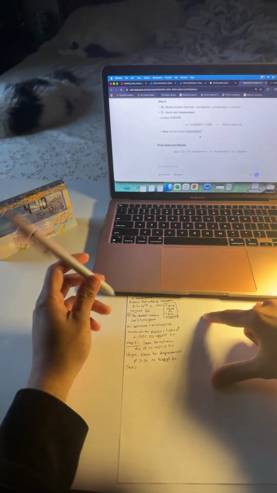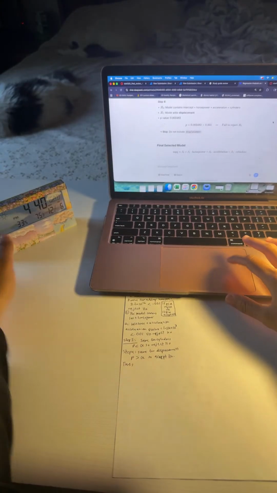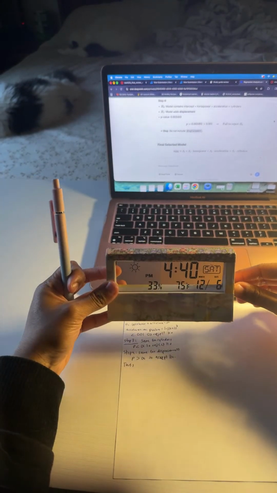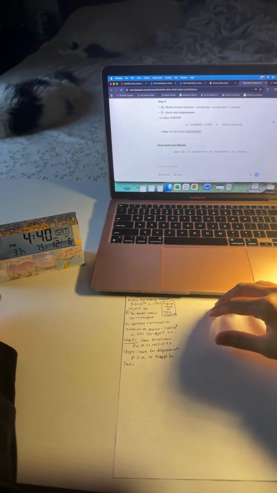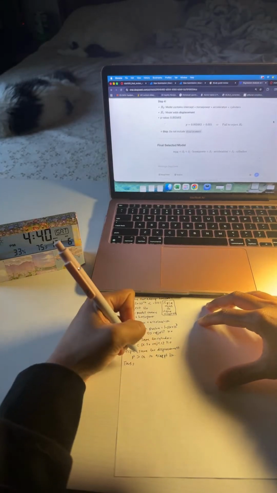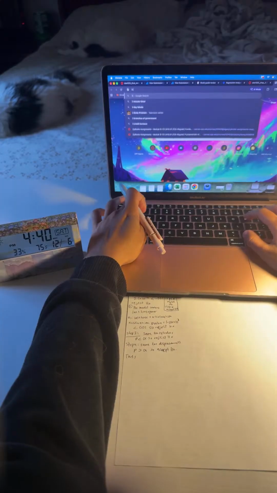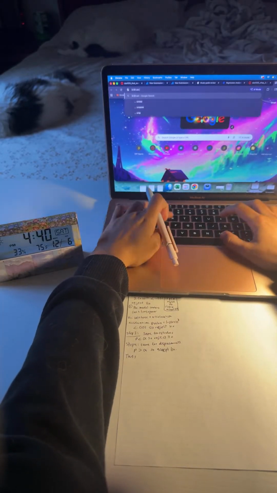Final selected model. In the past, no, my time is 4:40 p.m. right now. So, yeah, you're 11 hours into the future. Wait, let me see. Let me dox you. 3, where is it? 3:39 a.m. right now.